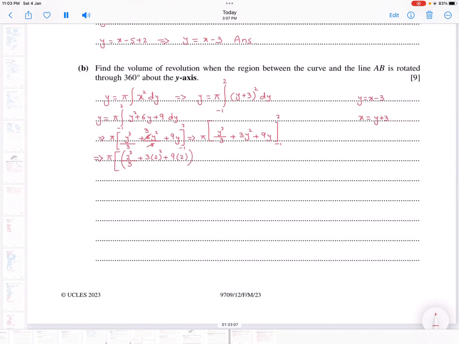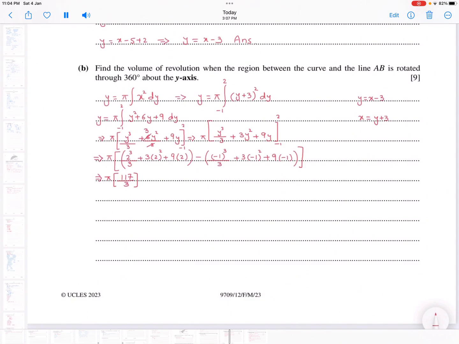So this is my upper limit. Minus lower limit: minus 1 power 3 over 3 plus 3 into minus 1 power 2 plus 9 into minus 1. Okay, now use your calculator very carefully and you will get pi times 117 over 3.